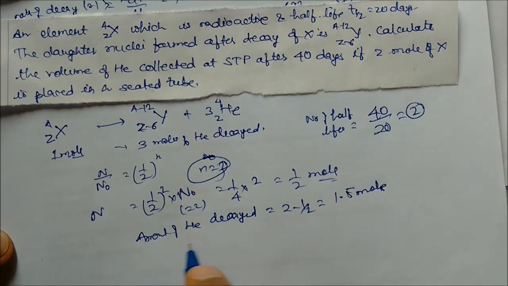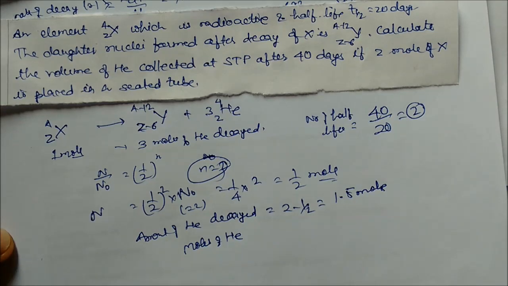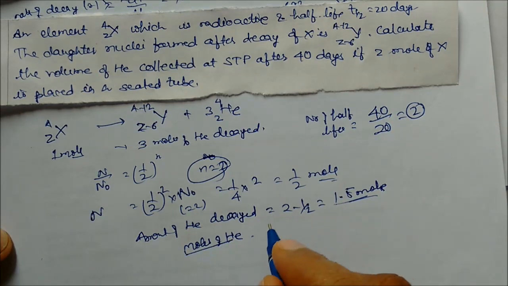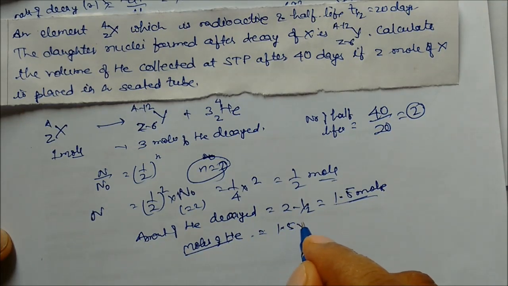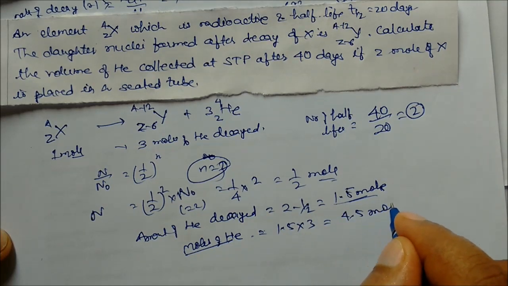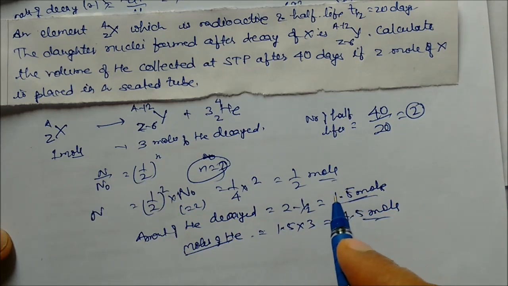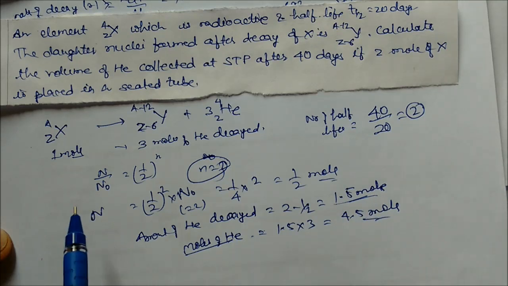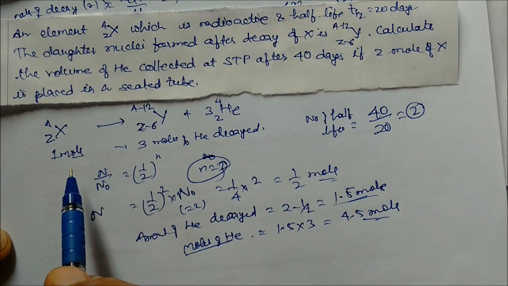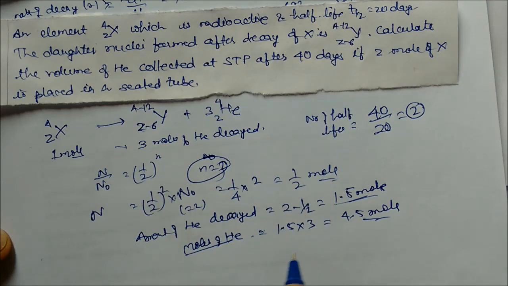But how many moles of helium are required? 1 mole is giving 3 moles. So 1.5 moles decayed, so for 1.5 moles, definitely it will be 1.5 into 3 moles of helium, because 1 mole is giving 3 moles.